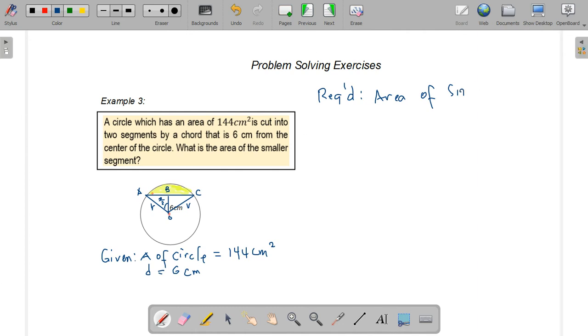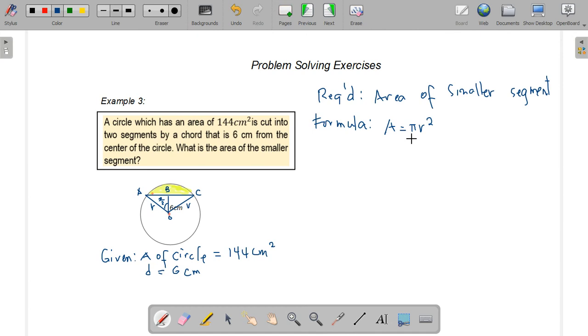So, area of the smaller segment. Okay, formula. Since kailangan natin yung R, we need the formula of the area of a circle, which is A is equals to pi R squared. Okay? And then we simply have to get the area of the segment.